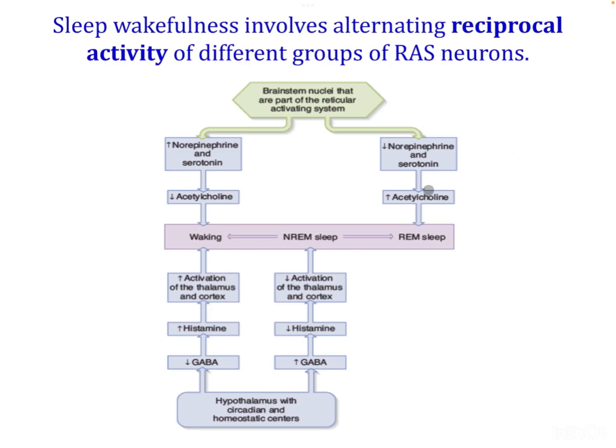Increase in acetylcholine during rapid eye movement sleep facilitates communication between the thalamus and cortex that increases cortical activity, and so dreaming occurs in this state, that is REM sleep.